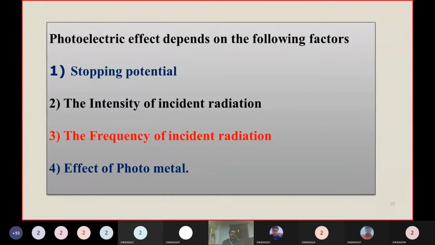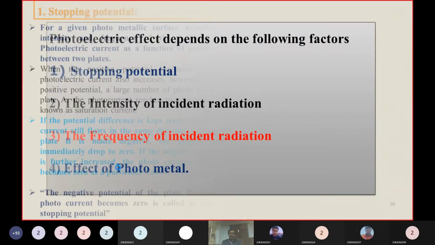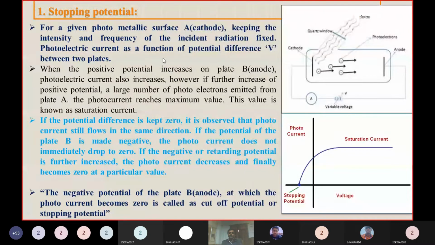If I want to find any one parameter, such as the stopping potential, I have to keep the remaining three parameters constant.